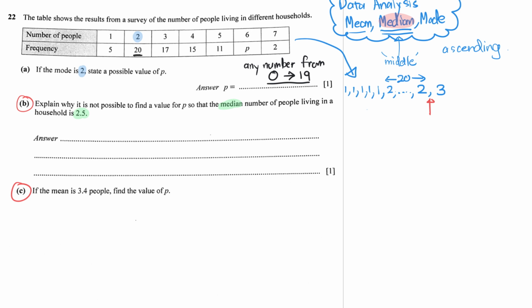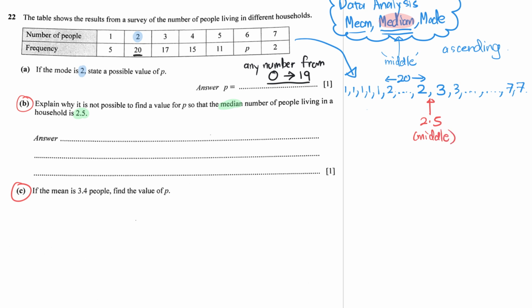Okay, so you have 17 of these 3s, and so on, all the way till the 7 at the end. Why 2.5? Because you have to take the average of the 2. 2 plus 3 divided by 2 to get 2.5. Meaning here is the middle.